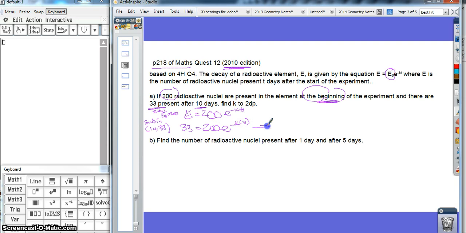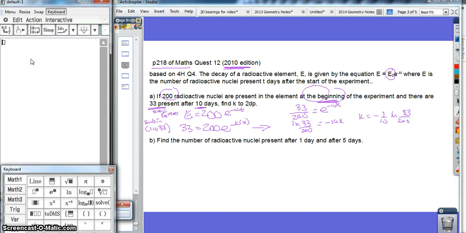And we need to solve this. So if we rearrange a little bit, 33 over 200 equals e to the minus 10k, ln of 33 over 200 is minus 10k. So k is minus 1 over 10 ln of 33 over 200.